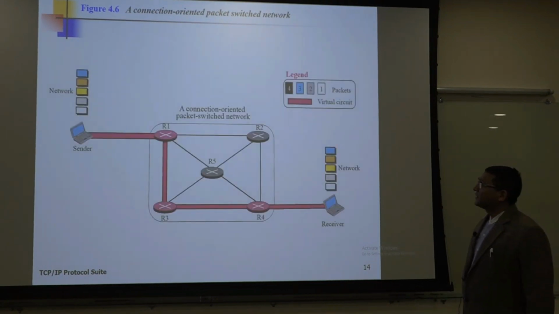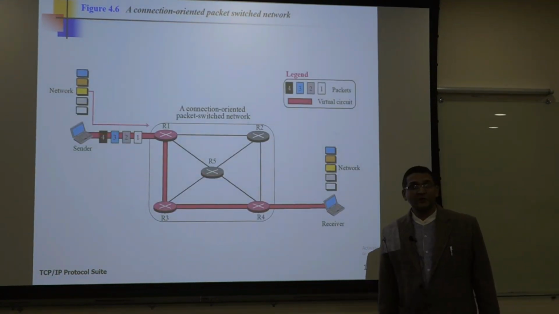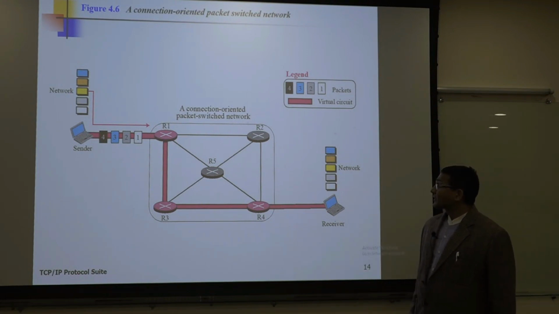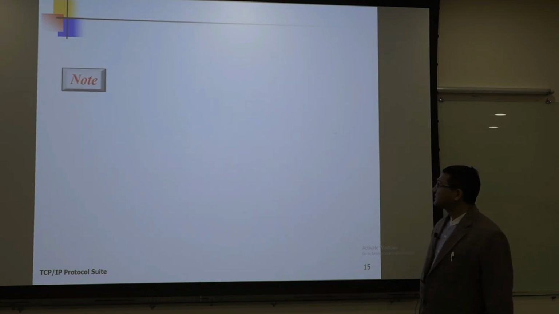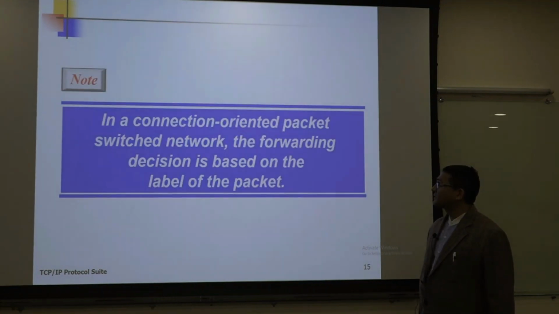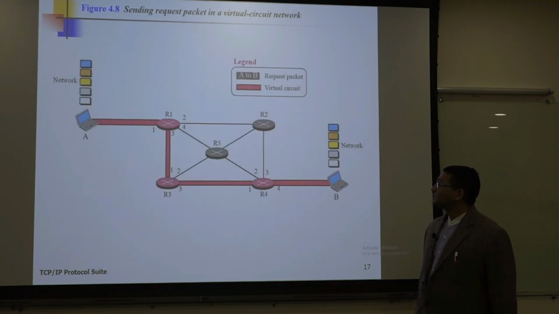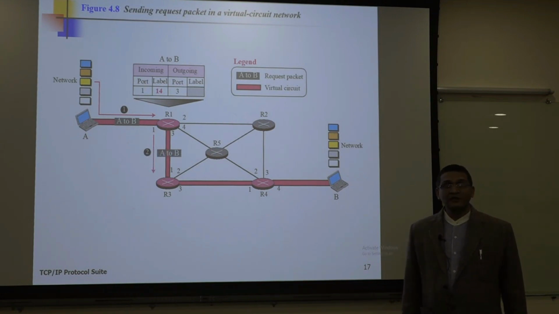And in connection oriented, the first phase is called the setup phase. Here the path is first established. How is it established? The sender starts a communication by sending a request packet, and with the help of the request packet, the router creates one table for this path.